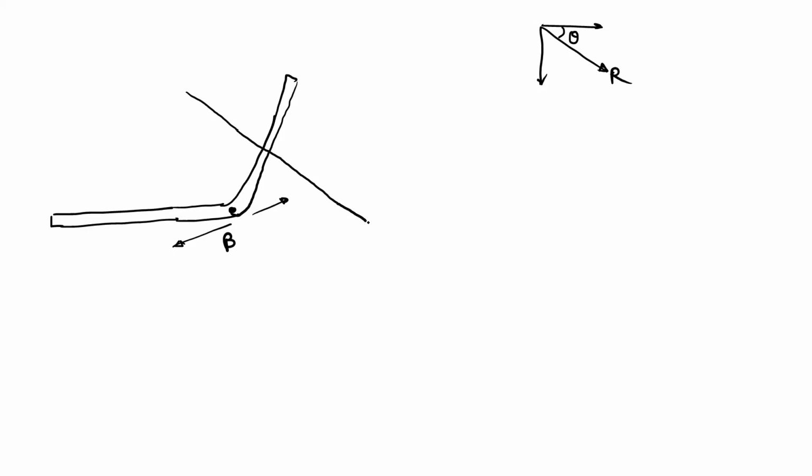So this is the resultant R, that is equal to 203.8 Newton, and this angle with respect to the x-axis, this is the angle theta, it is equal to 44.66 degrees.